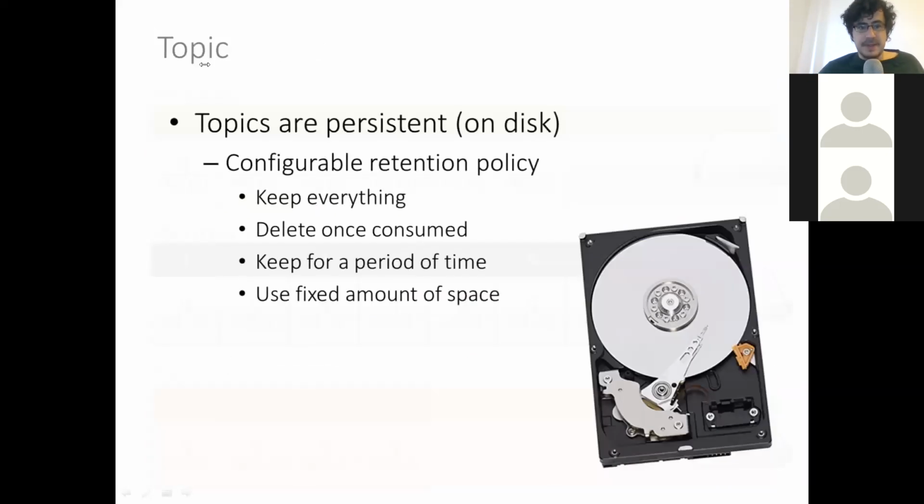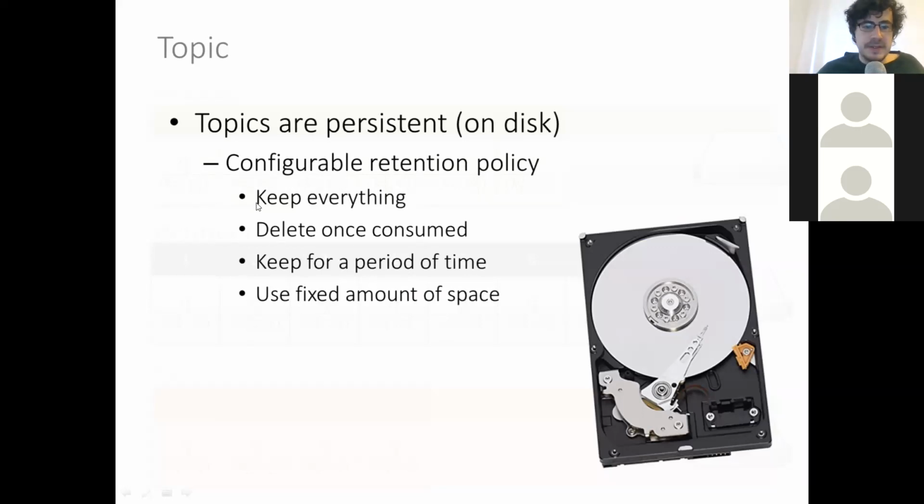Okay, so topics are persistent, which means that they're stored on disk. Generally, we're going to be using the disk to store the messages that have been received. And we have a configurable retention policy, which means we can set some policy in terms of what messages are kept, what messages are removed, whether we keep older data or not, and so forth.